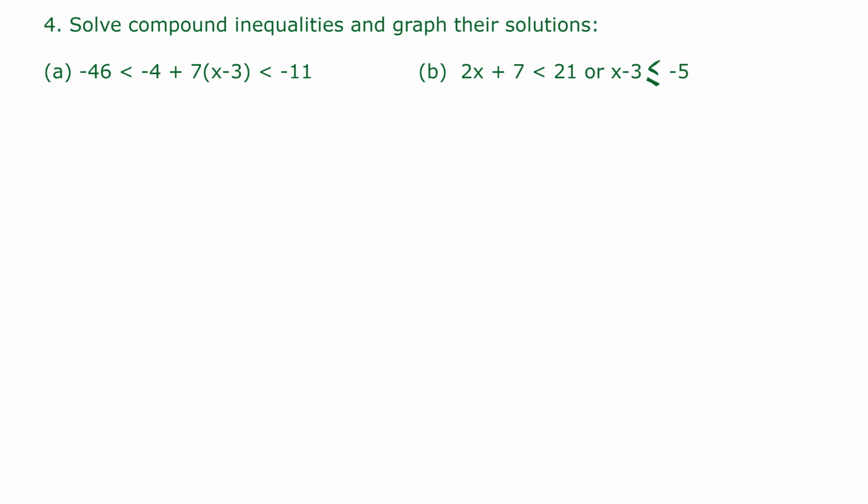Here is what we will begin with. First thing I suggest you do is open up this parenthesis by using the distributive property and combine all like terms in this expression. So don't do anything with the negative 46, don't do anything with the negative 11. Just open up the parenthesis and combine like terms. Well, let's see what you are getting.